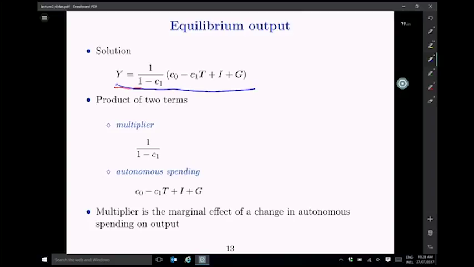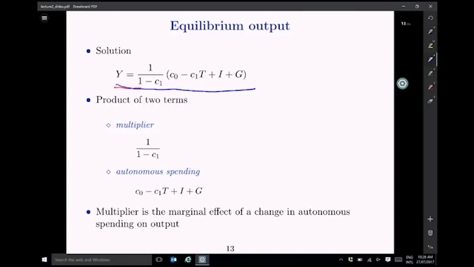Because after all, aggregate output is the sum of consumption, investment, and government spending. If government spending increases by 1 unit, it should lead to some increase in aggregate output. Now, the question is, will that lead to a 1 unit increase in aggregate output, or maybe more?